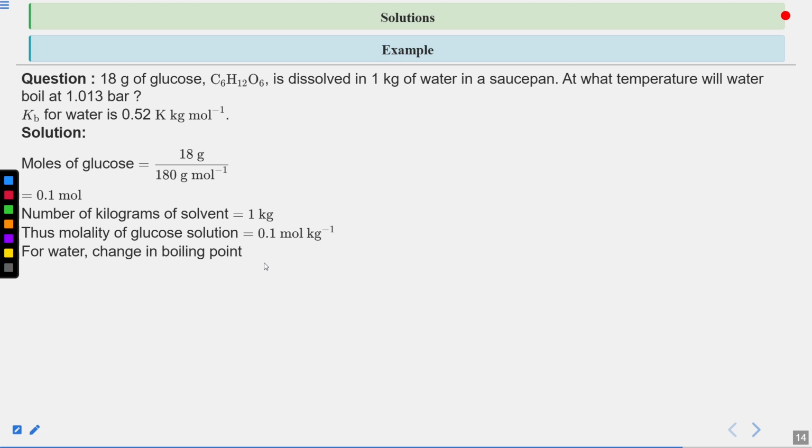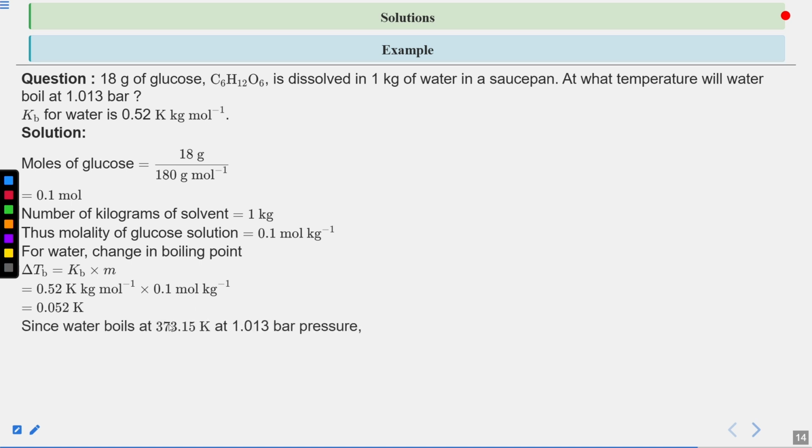Now, what is the change in boiling point? We will use our equation delta Tb equals Kb times m, or 0.52 Kelvin kg per mole, the Kb value given here, multiplied by the molality which is 0.1 mole per kg. If you calculate this, you will get 0.052 Kelvin.